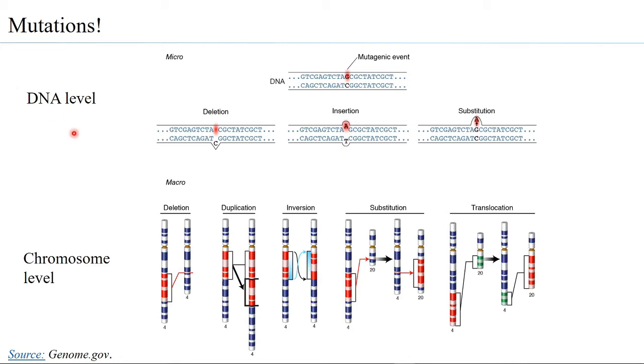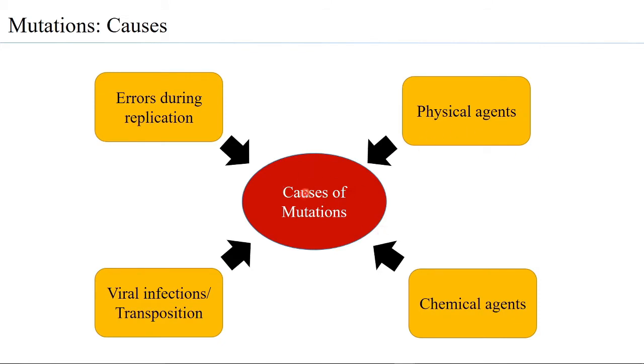But you can have this happening at just the DNA level itself, where you can have a deletion or an insertion, or it could also be a simple base substitution. Therefore, let us understand what could cause mutations. Mutations can happen while the DNA polymerase is carrying out replication.